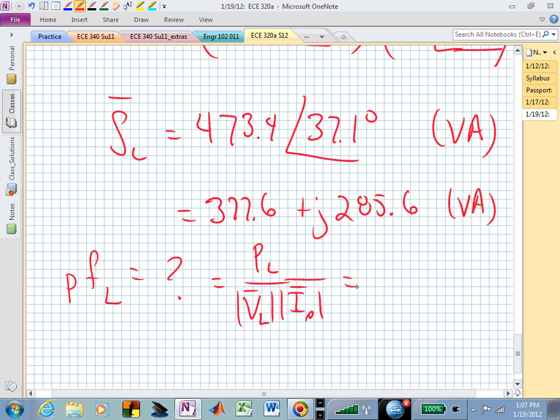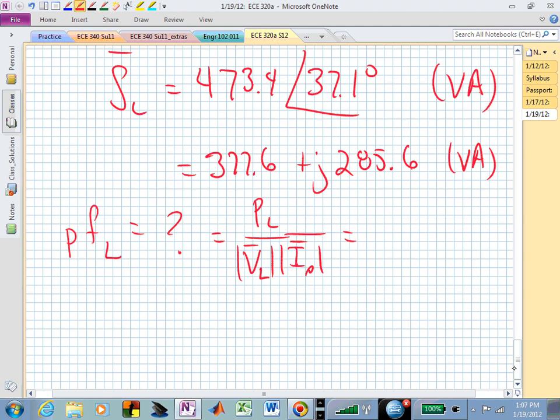So this is also equal to the cosine of 37.1 degrees, or 0.798. And what else do I want to know about my power factor? Whether it's leading or lagging, because when I take the cosine of a positive or negative angle, I'm just going to get a positive number, and I need to give you a little bit more information.